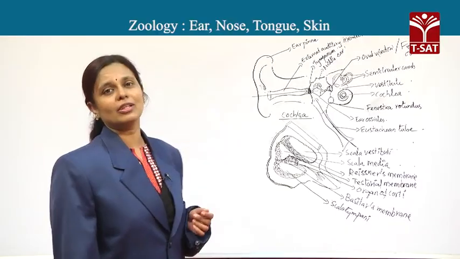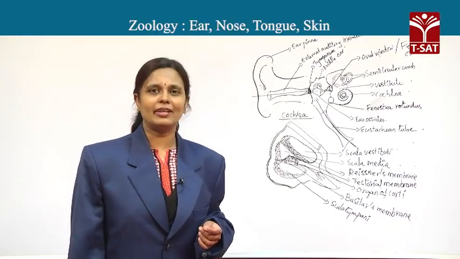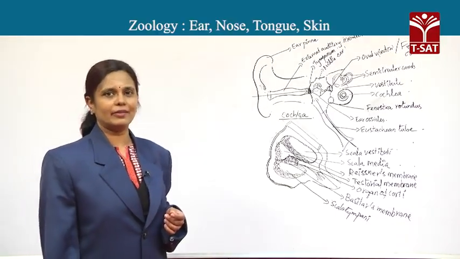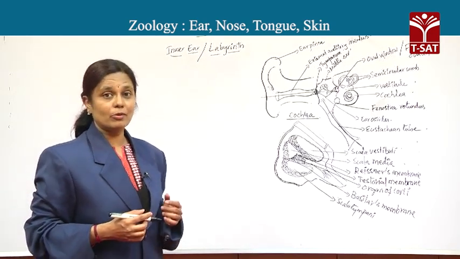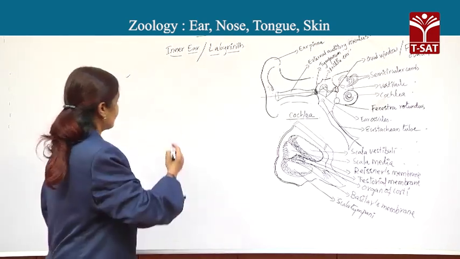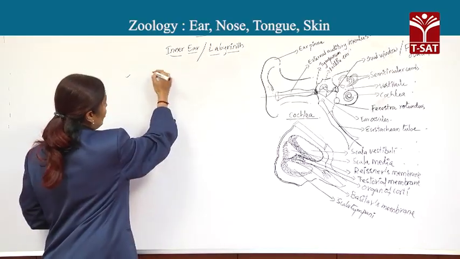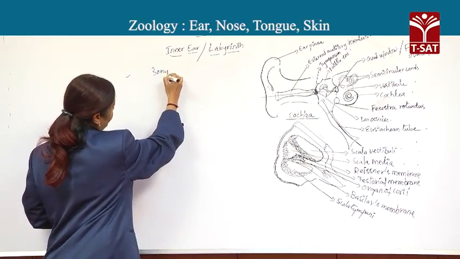Now, let us also learn about the structure of the inner ear or labyrinth. This inner ear or labyrinth is a bony structure made of bone basically. So, you call it the bony labyrinth.